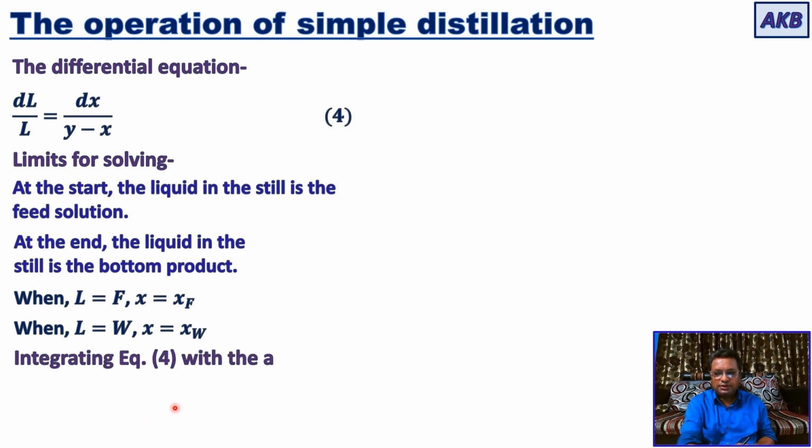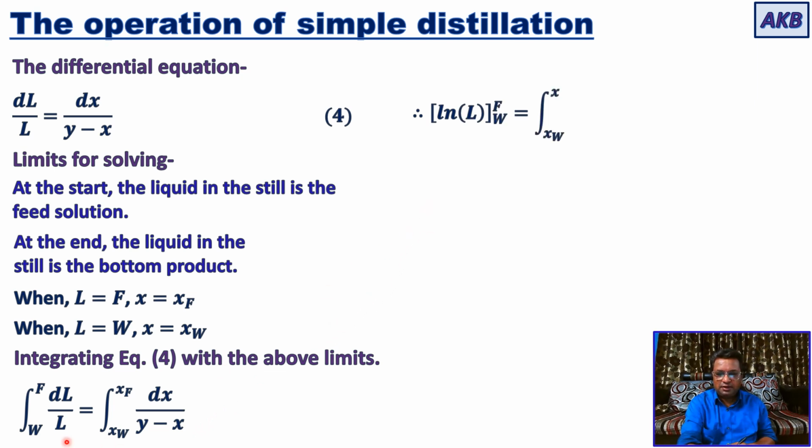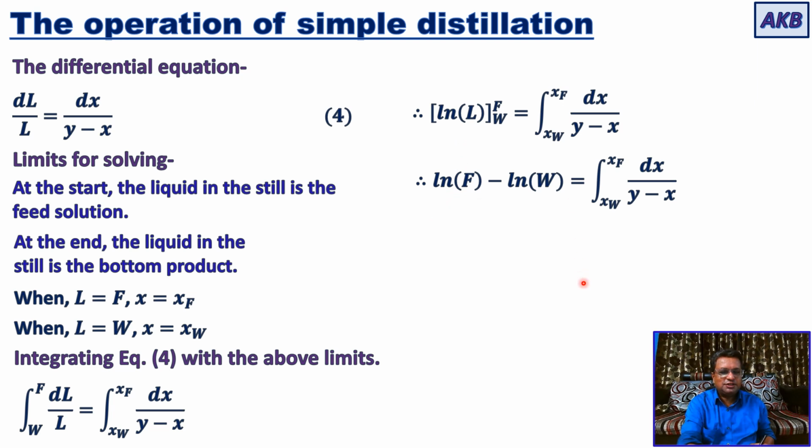Using these limits, let us integrate equation number 4. It will be integration from W to F of dL upon L, equal to integration from xw to xf of dx upon (y minus x). Integration of dL upon L is ln of L with the limits from W to F. Using the limits, it will be ln of F minus ln of W, equal to integration from xw to xf of dx upon (y minus x).